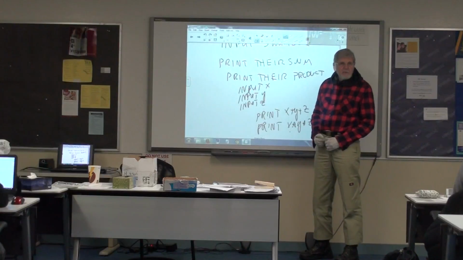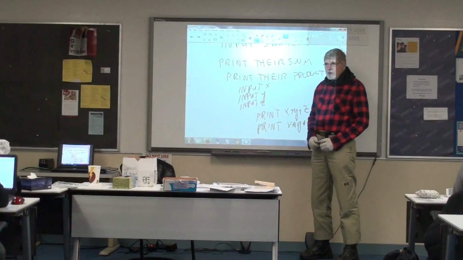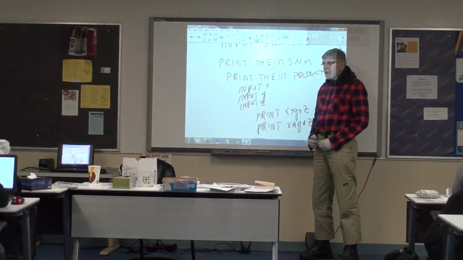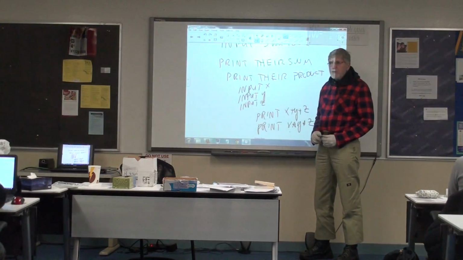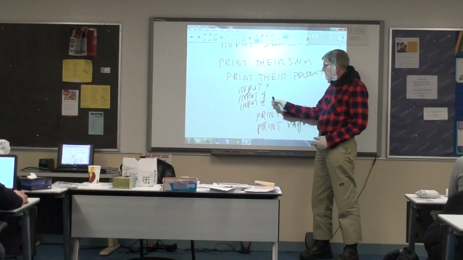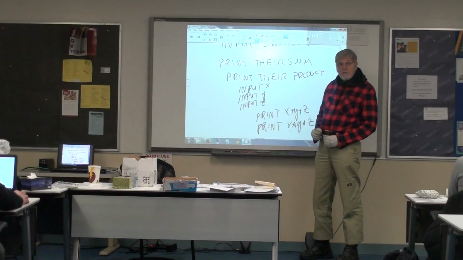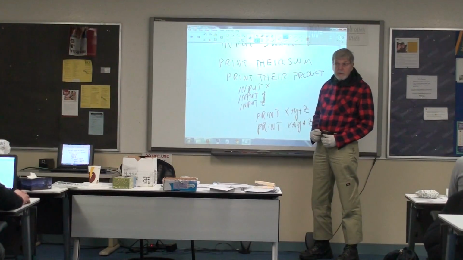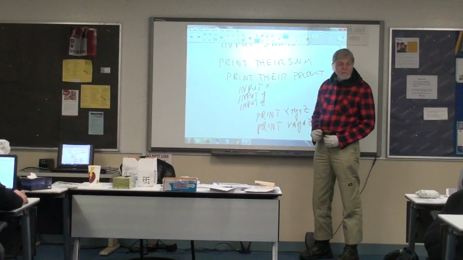When you execute the command input, the BASIC programming language stops and waits for something to be typed. If nothing's typed, it just waits and waits. Eventually something is typed, and the number that's typed is put into the memory location X, whatever that number is.